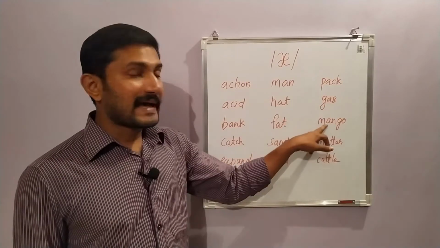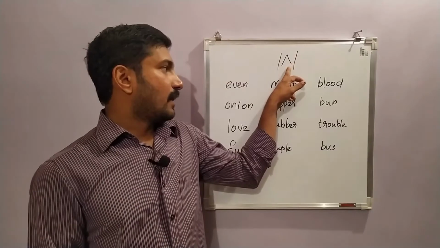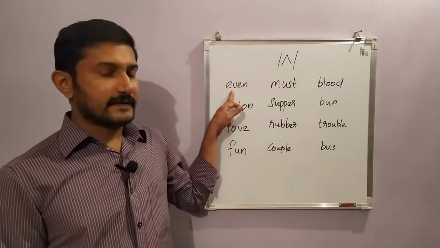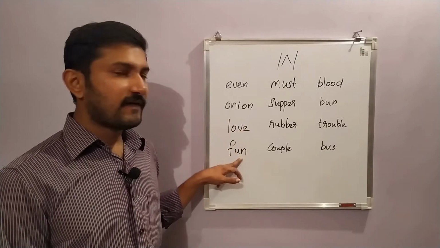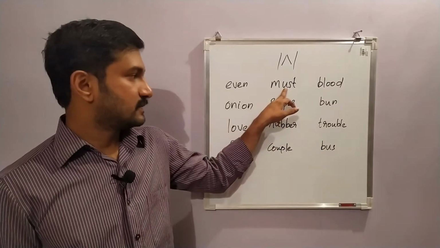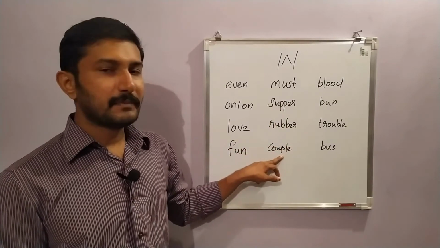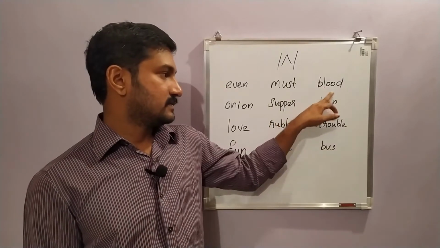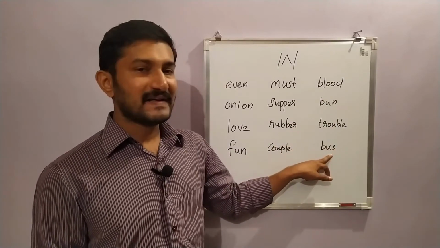A occurs in words such as even, onion, love, fun, must, supper, rubber, couple, blood, bun, trouble, bus.